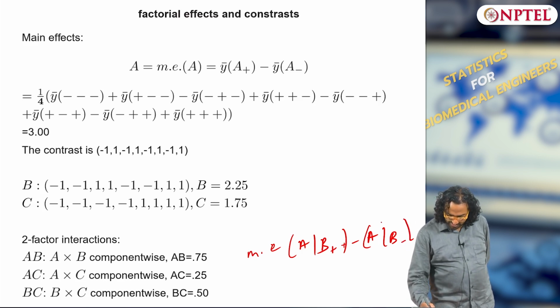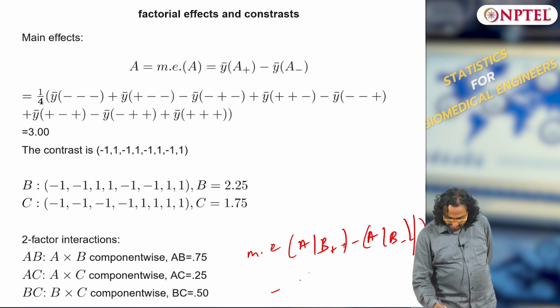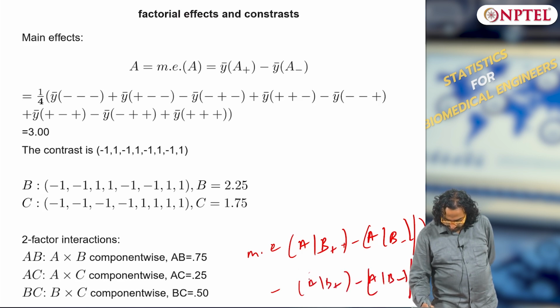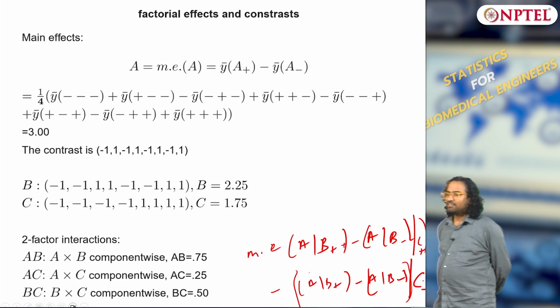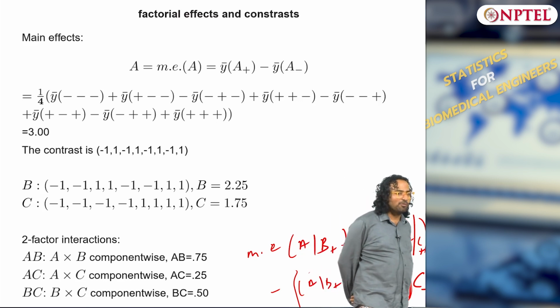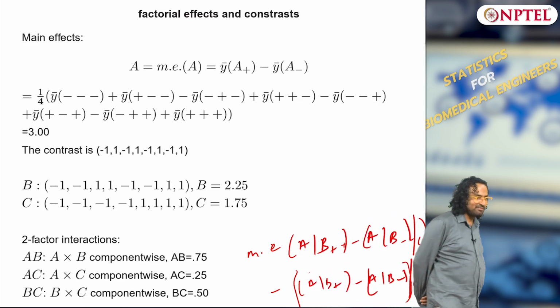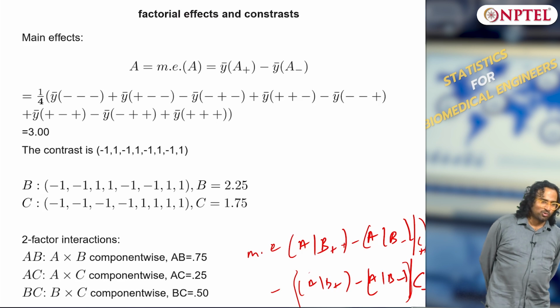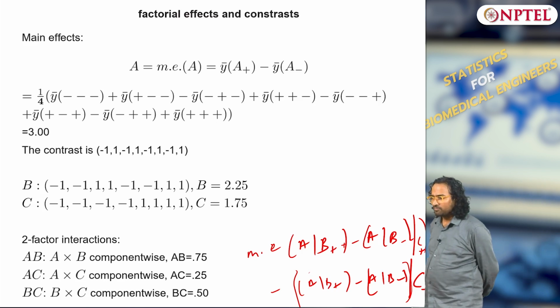Okay, this is given C plus, minus the whole thing given C minus. Slightly tricky, okay, but that is how it is. If you want to use all the 8 data points, which is natural because you want to make it as robust as possible.